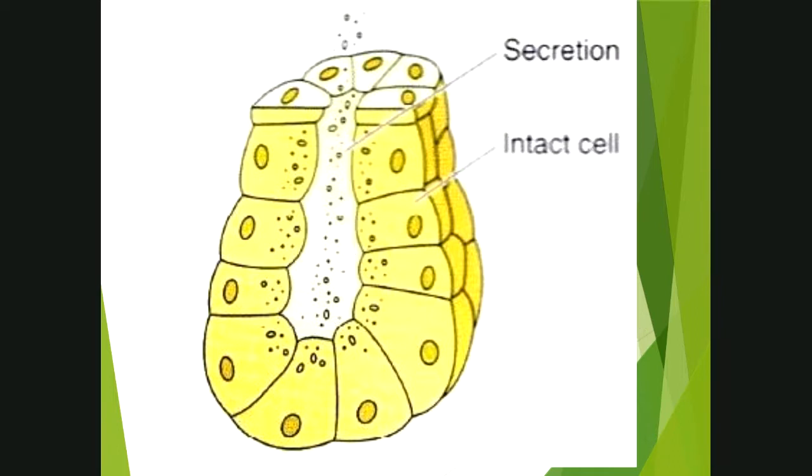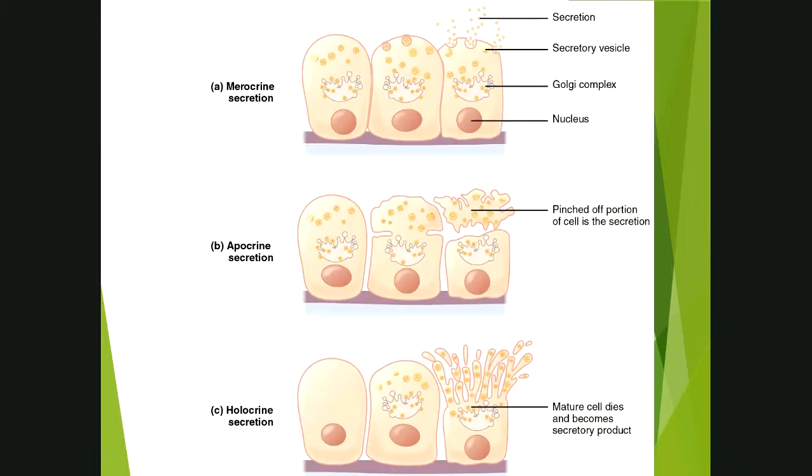And so if we look at it here, it looks like this. So look, cells are the same height. But what we see are these little vesicles, and the vesicles merge with the membrane and release the product. So it's exocytosis.